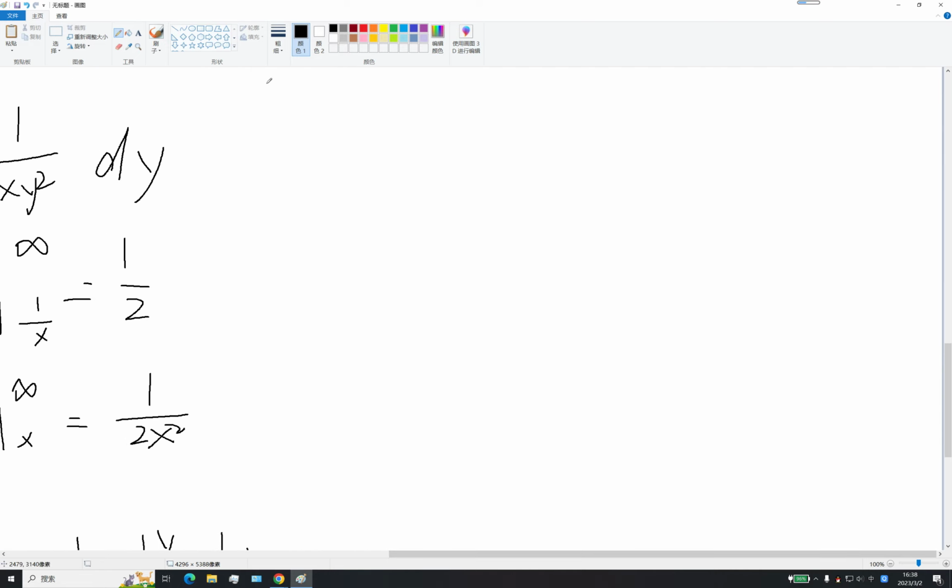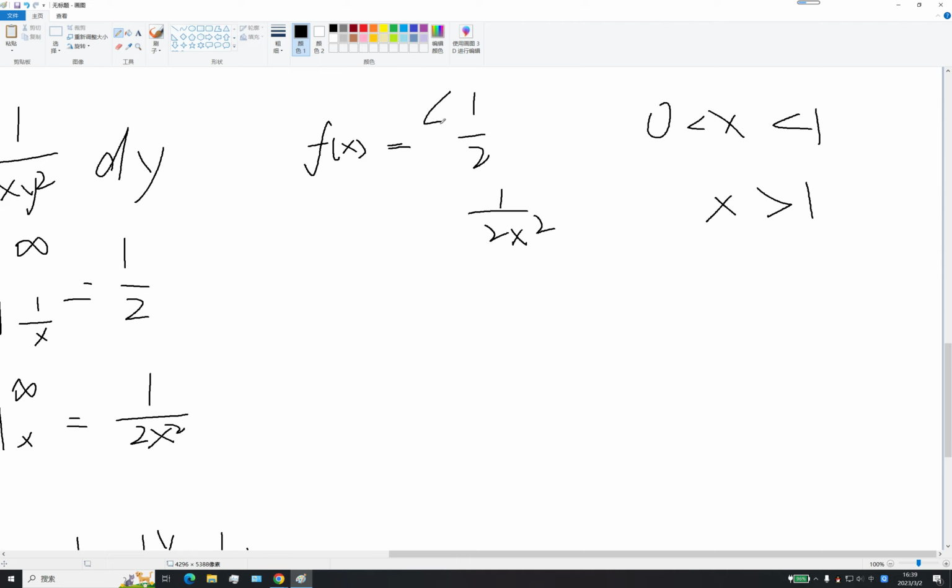We know that f_X equals 1 over 2 for x between 0 and 1, and 1 over 2x squared for x larger than 1.